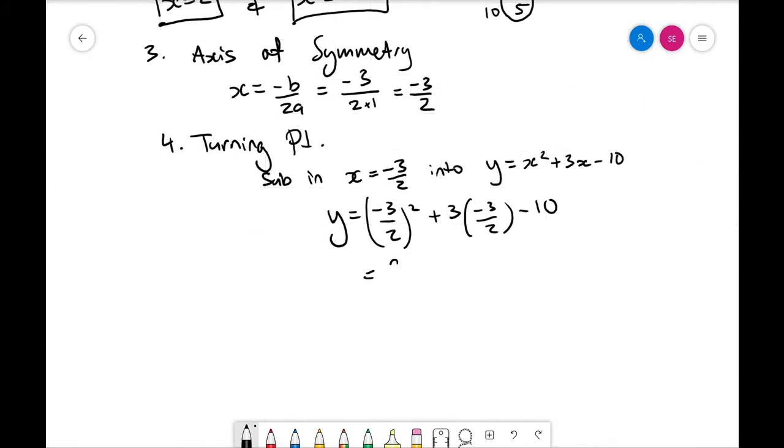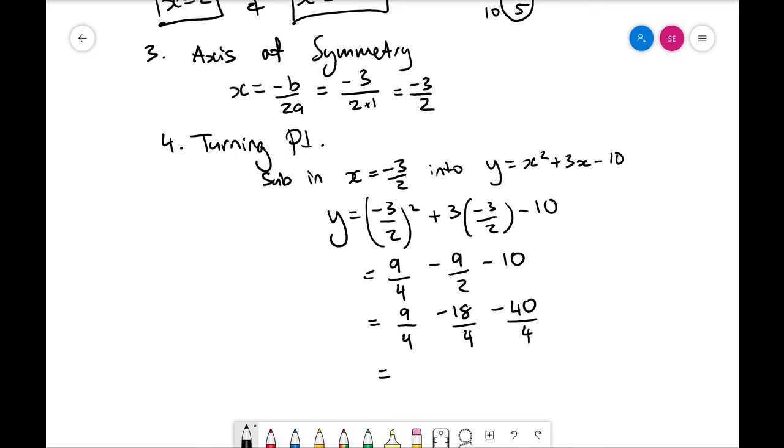Alright, then we get 9 on 4 here, and we'll get minus 9 on 2 minus 10. So we'll simplify this, so we'll make this over 4 instead of 2, so we'll get minus 18 on 4, and we'll make this over 4 as well, so we get minus 40 on 4.